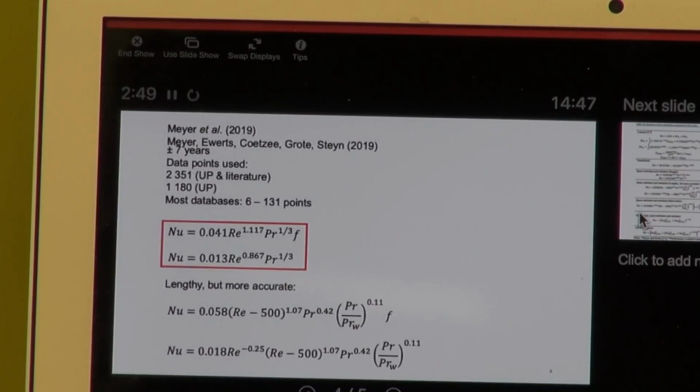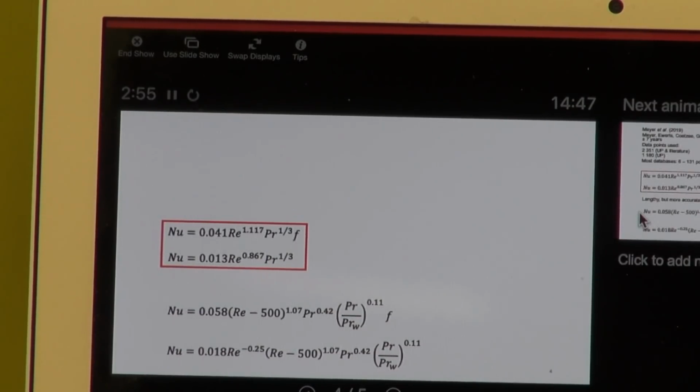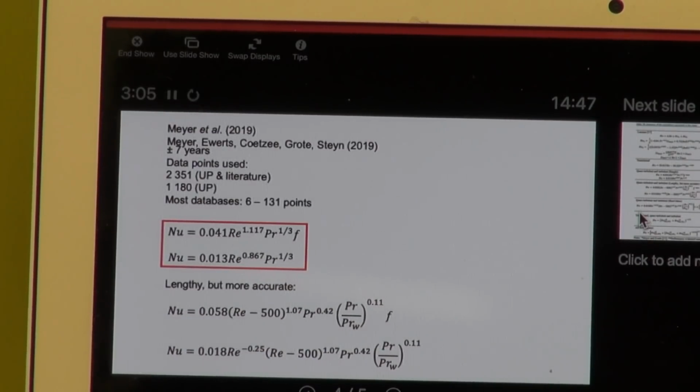Now, the result of that was that the equations that were used typically had accuracies of plus or minus 20%, and that was considered as quite good. Now recently, at the University of Pretoria, we've been busy with this for a long, long time, more than 10 years.